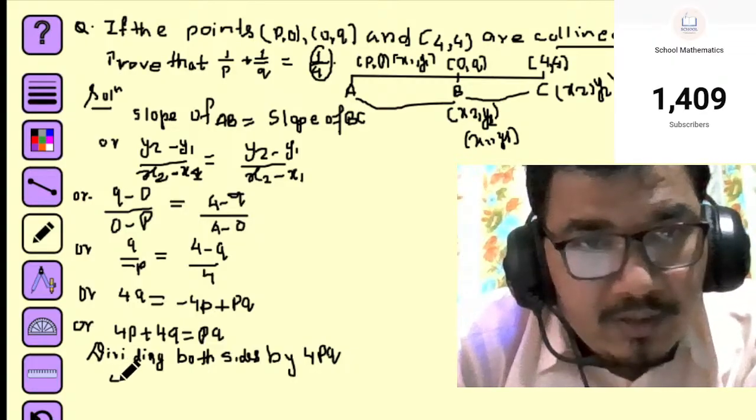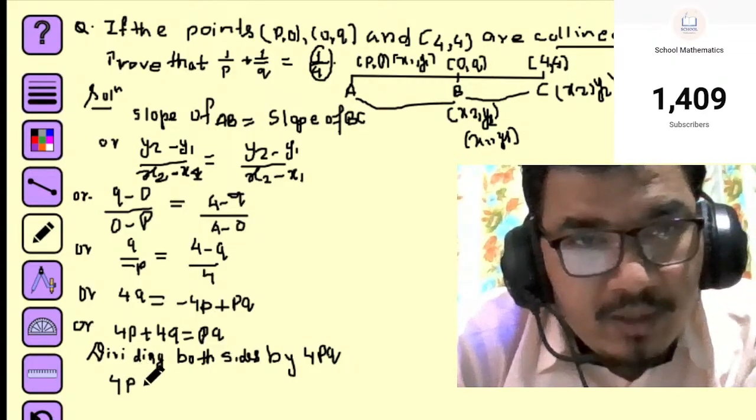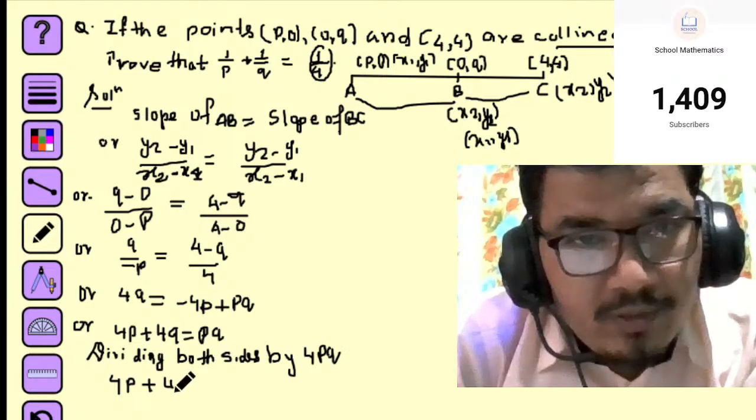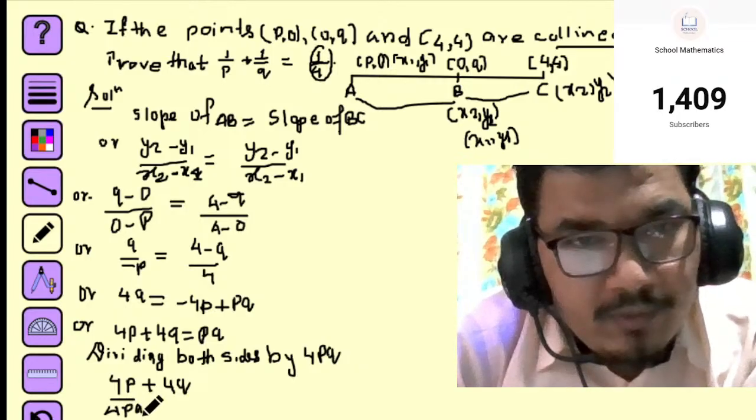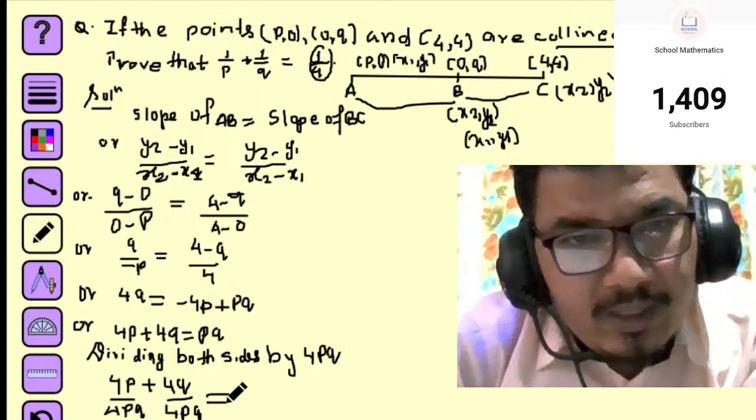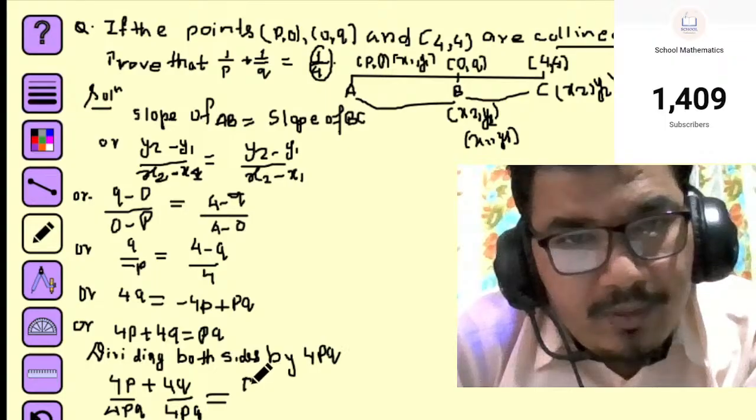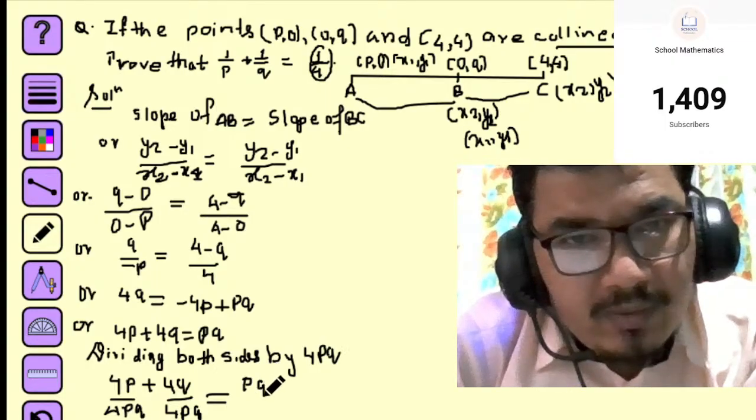Here we are dividing 4p plus 4q by 4pq, and on this side pq is also divided by 4pq.